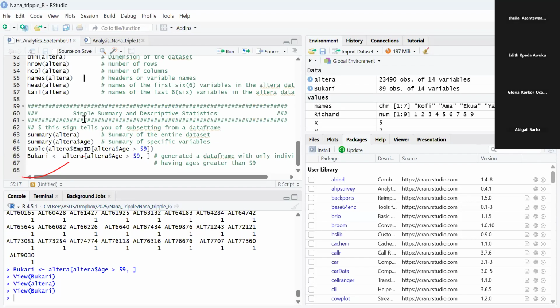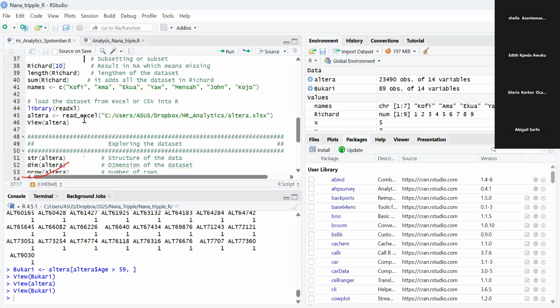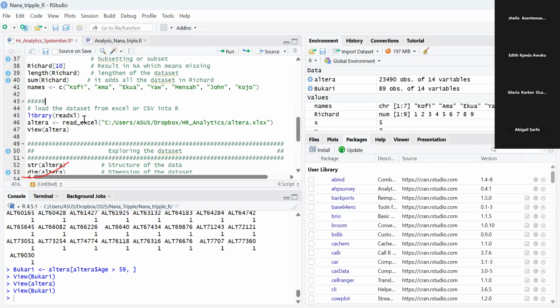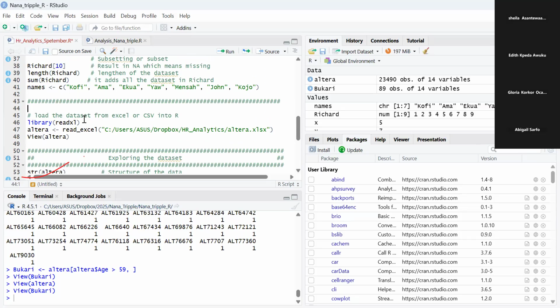It's simple. From loading the data, that's all I want you to do.